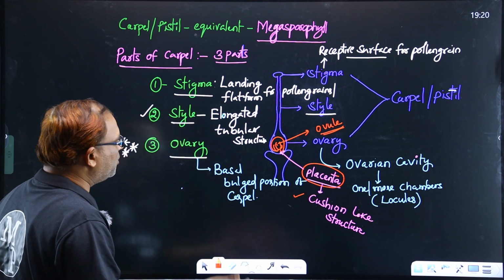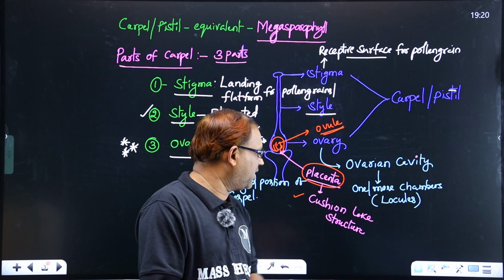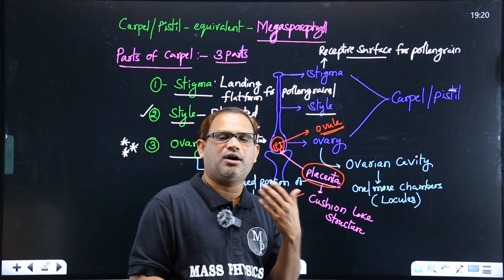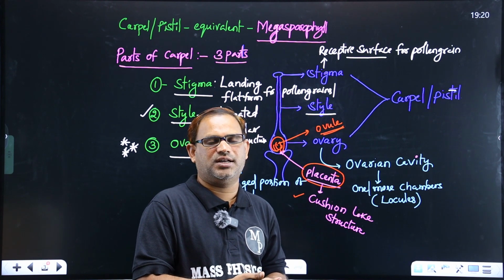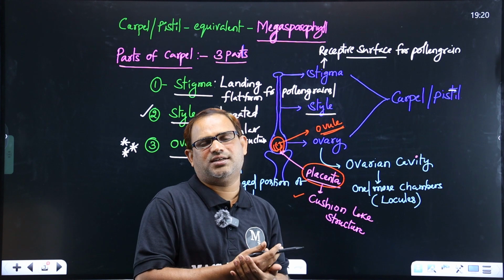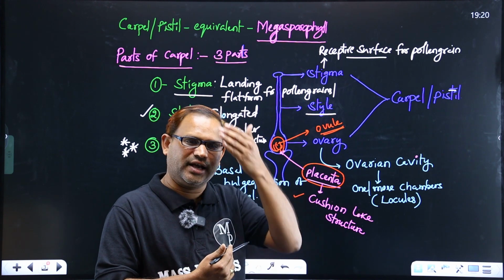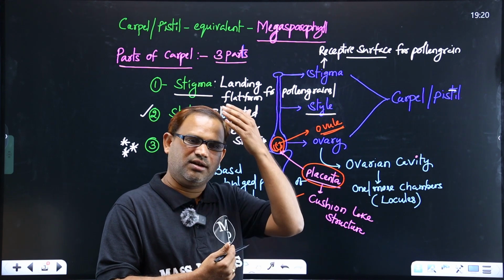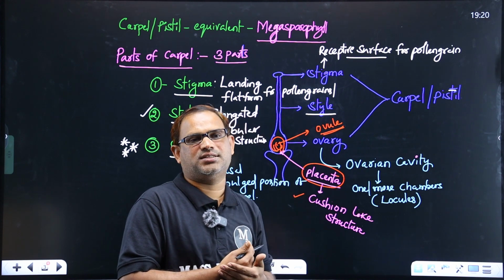Right now, in the first year chapter, morphology of flowering plants, placentation is there. That means the arrangement of ovules within the ovary. The types of placentation are marginal, axial, free central, parietal and basal placentation.